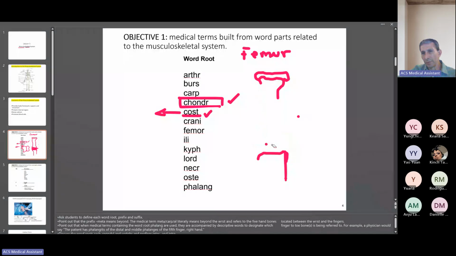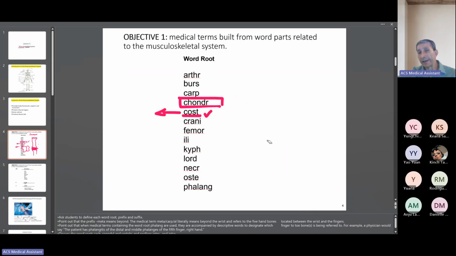So then we're gonna be able to show them. Remember, very important to know the femur, because it is the longest bone of our body. And it is on the lower extremities, the upper leg, or the thigh.